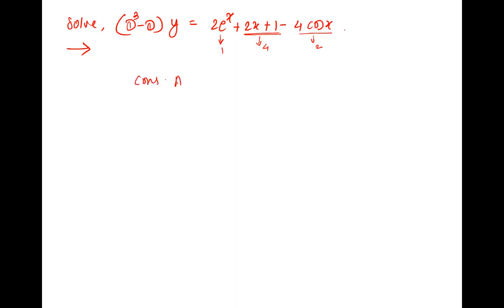Consider the auxiliary equation: D cube minus D is 0. D is common, so D square minus 1 is 0. So D is 0, and D square is 1, so taking the square root of 1, we get plus or minus 1.